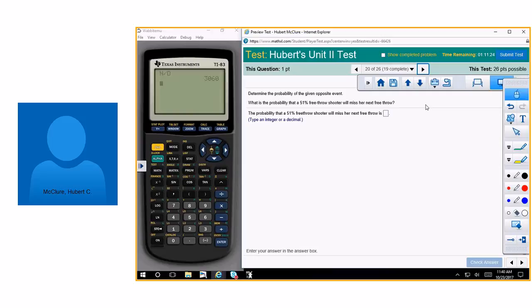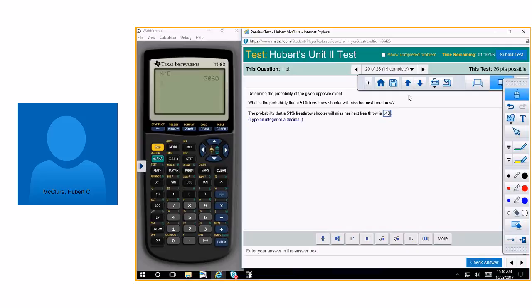That means that for every 100 free throws, she gets what? He or she is 51. She gets 51. So that means that 49% is what? Missed. The probability that a 51% free throw shooter will miss her next is what? Like 49.